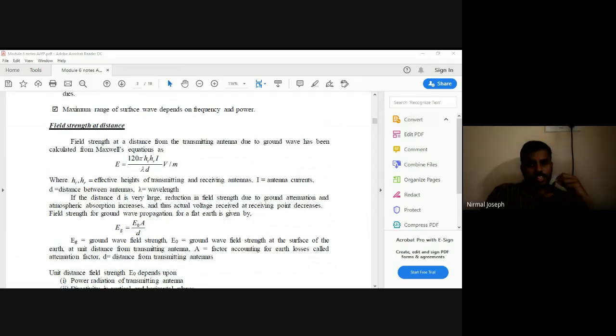It is heavily limited by the power. If we want a larger range, our power requirements will be high. So that's it with the ground wave propagation.